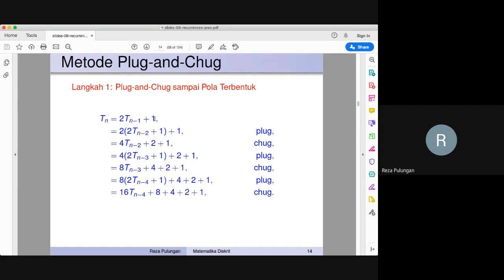Okay. You know this? What do we do next? Well, if you know Tn is equal to 2 Tn minus 1 plus 1, you are supposed to know also Tn minus 1. What is Tn minus 1? Let me show you.